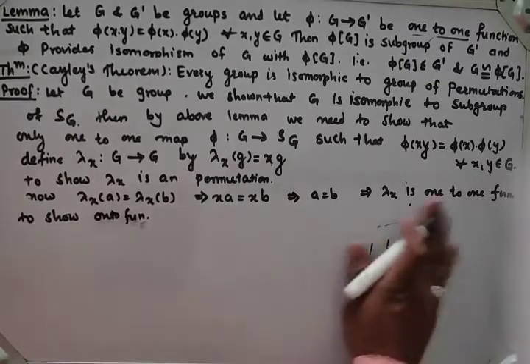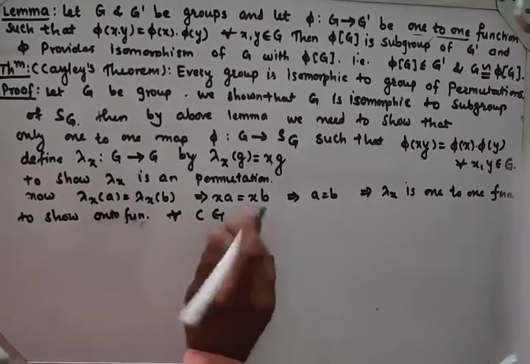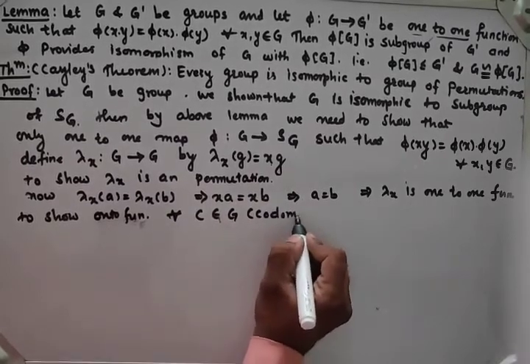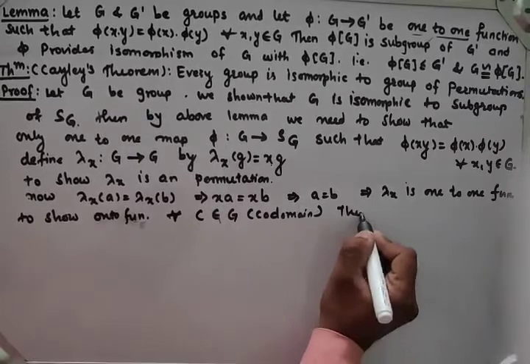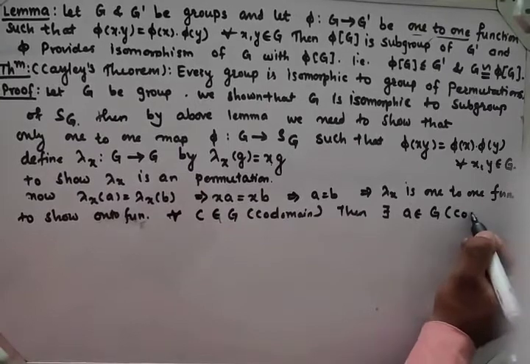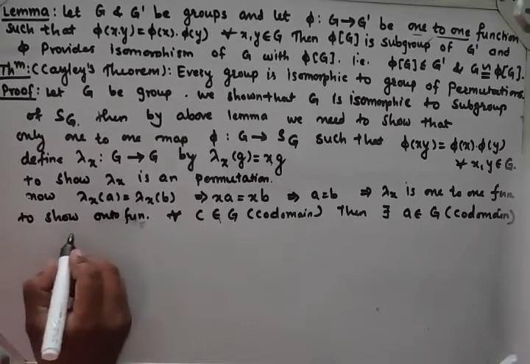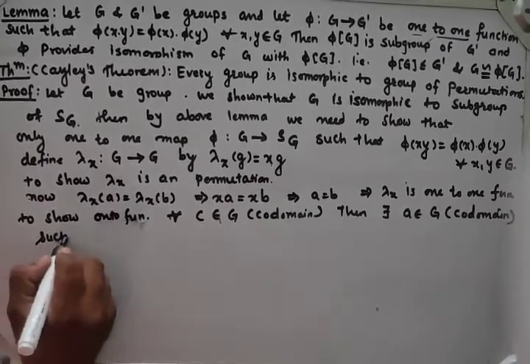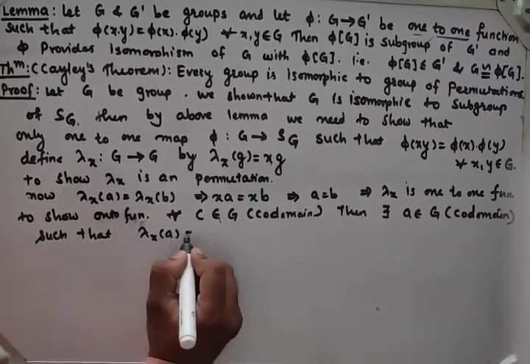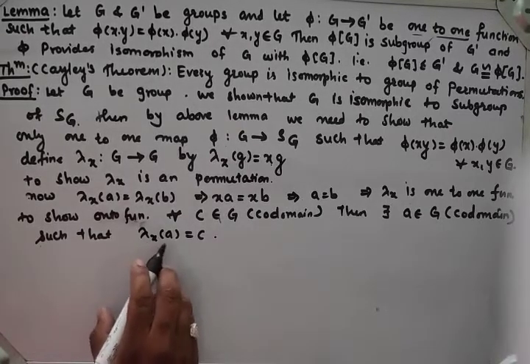So here I will take the point C. For all C belongs to G, which is the codomain, there exists A belongs to G, and this G is from the domain, such that lambda x of A is equal to C. So what is the value of lambda x of A?